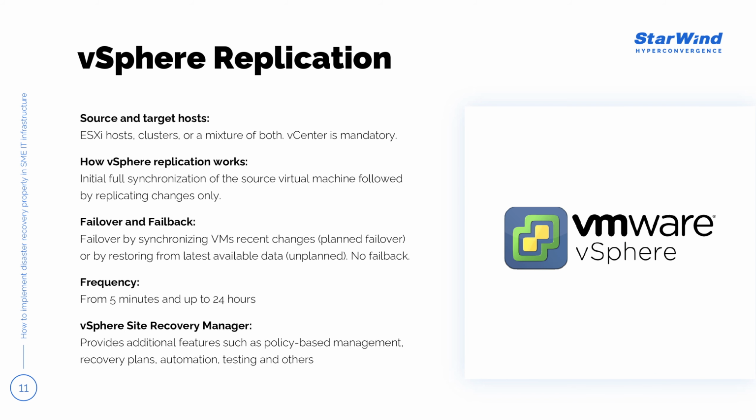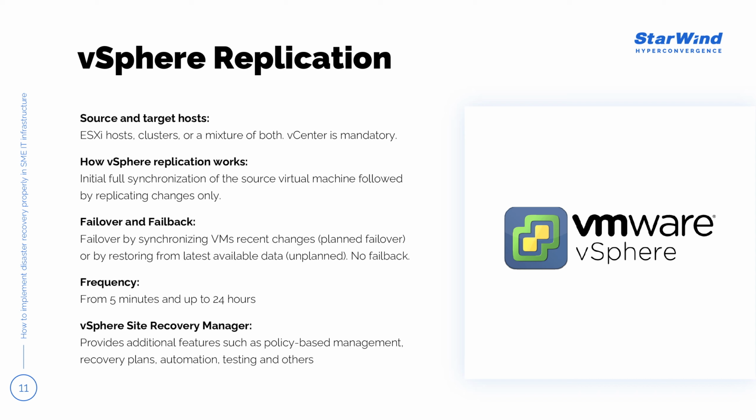And next on the list is vSphere Replication. vSphere Replication is a hypervisor-based asynchronous replication for vSphere environments. As to source and target hosts, these can be standalone ESXi hosts, these can be clusters, or also a mixture of both. But vCenter is mandatory.